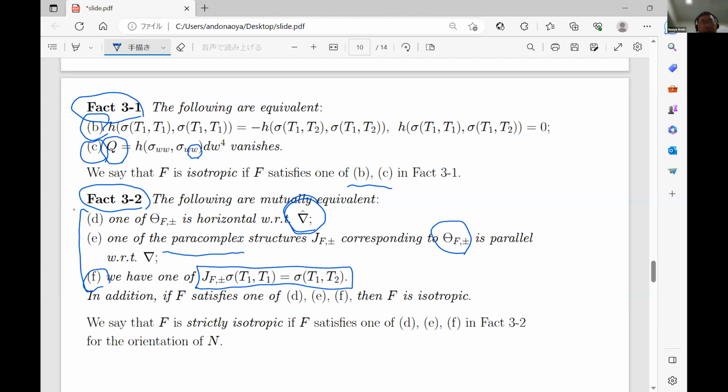In addition, if F satisfies one of the three conditions, then F is isotropic. We said that F is strictly isotropic if F satisfies one of the above three conditions for the orientation of N. This means that the orientation of N naturally chooses one of the time-like twistor lifts.